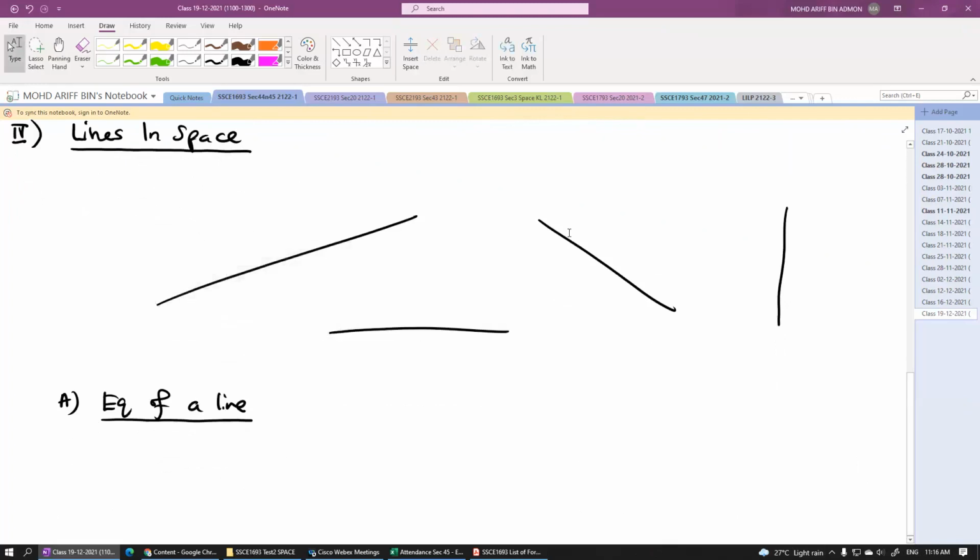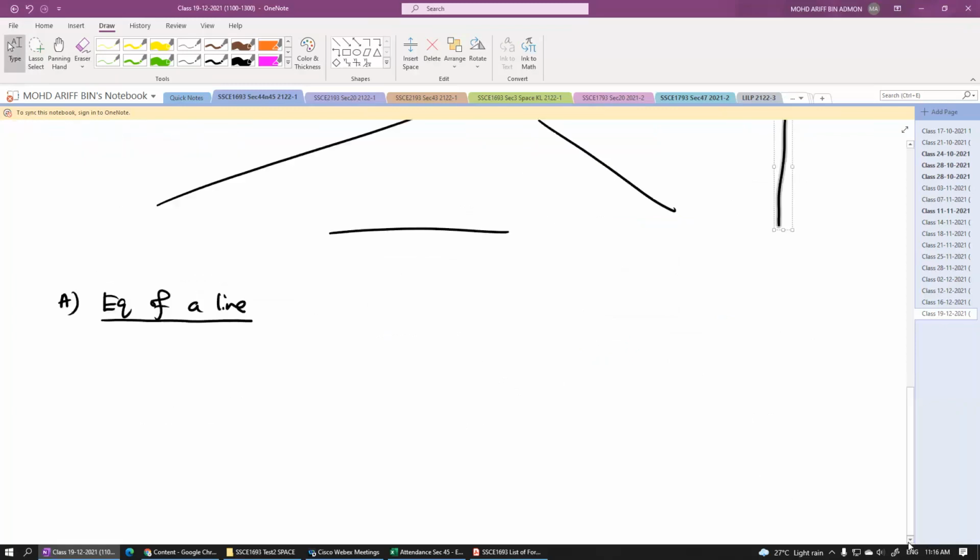How about this one, and this one? We are not sure whether our straight line is in this direction, or has a slope of around 20 degrees maybe, or horizontal, or a slope of around 135 maybe, or vertical.